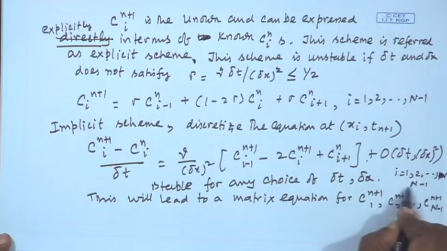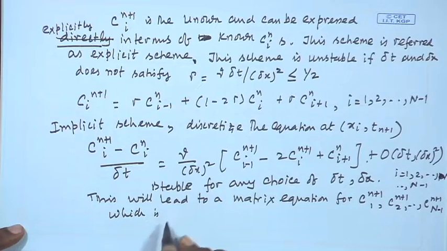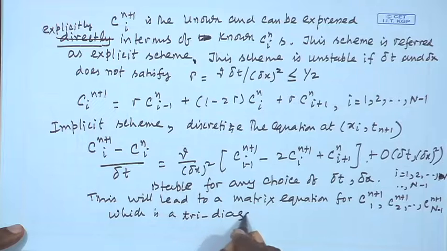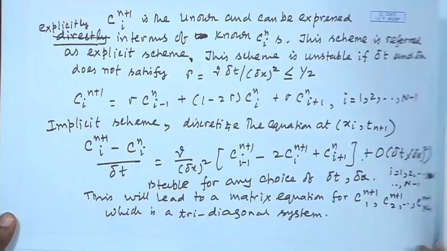And this matrix is a tridiagonal system. Again, this is first order, but the advantage is that it is stable. So the most popular one among all these schemes is the Crank-Nicolson scheme.